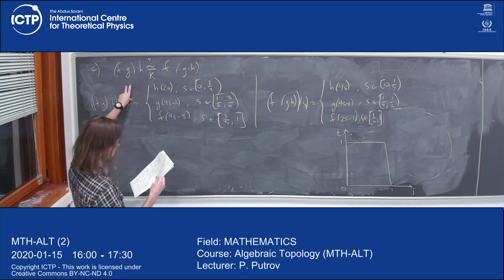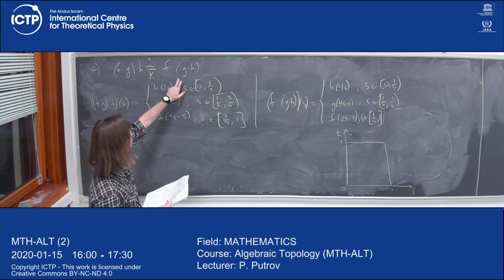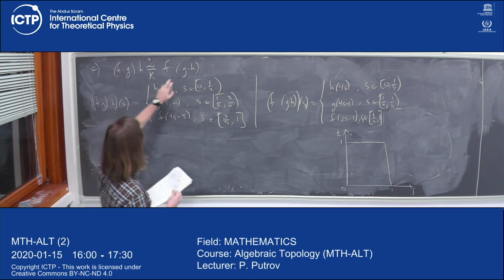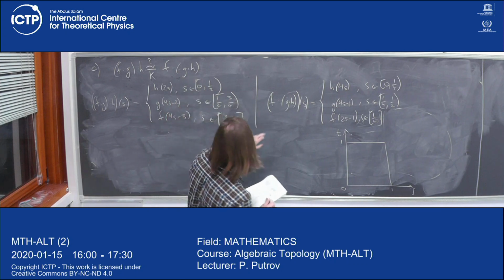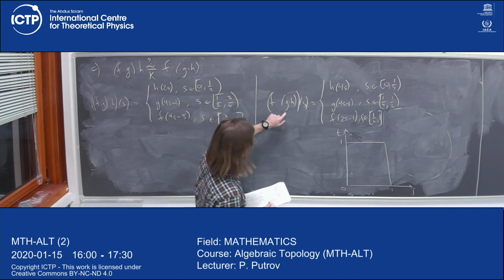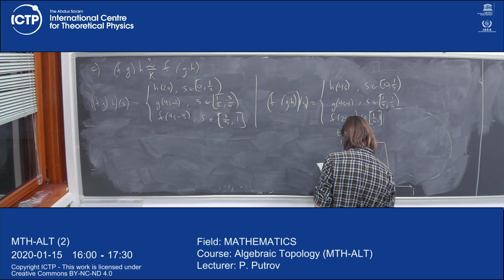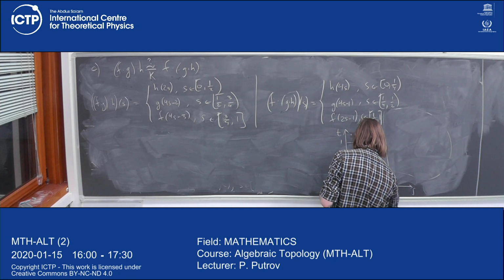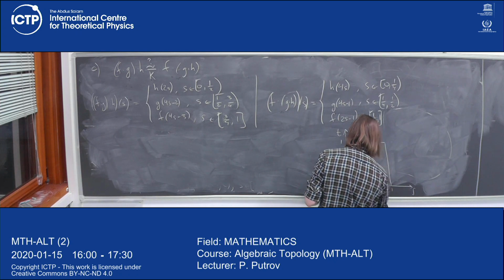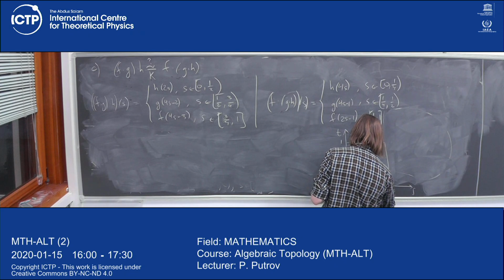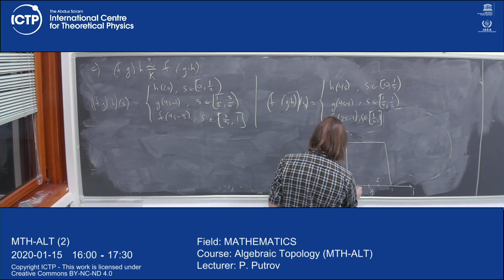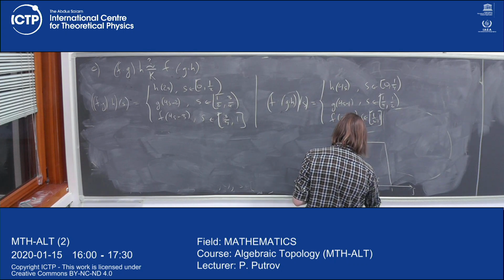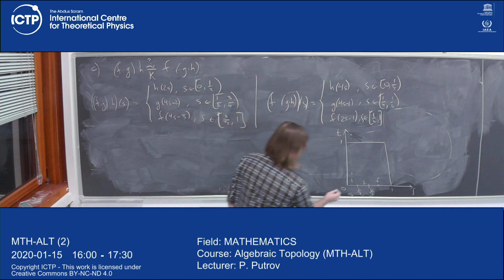Let me construct a homotopy from this to this. So at the bottom, I will have this function, and it will look like this. From 1/2 to 1, we put a scaled function f. From 0 to 1/4, we put a scaled function h. And from 1/4 to 1/2, we put a scaled function g.